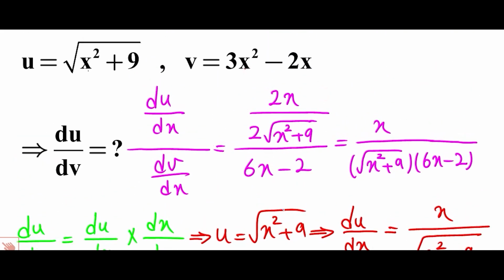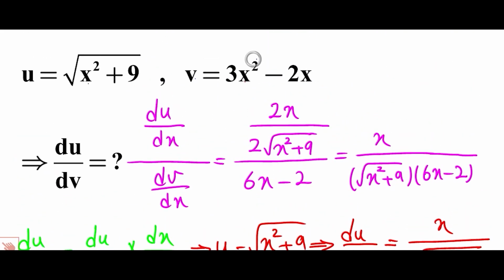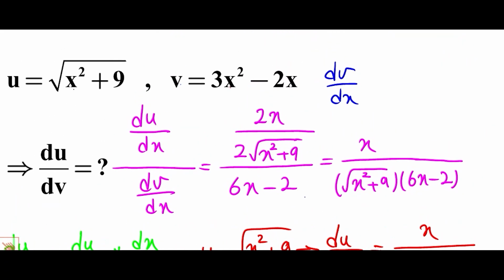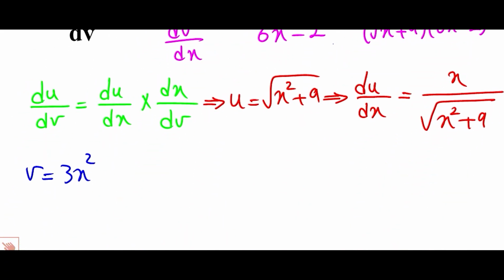Look at this equation. Since v is a function of x, we can find dv/dx. Okay, so we have v is equal to 3x squared minus 2x. So dv/dx is equal to 6x minus 2.